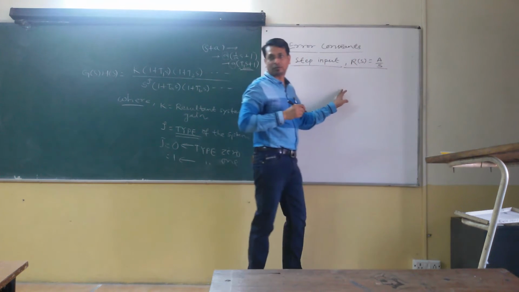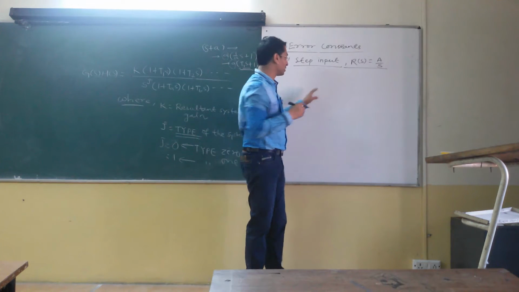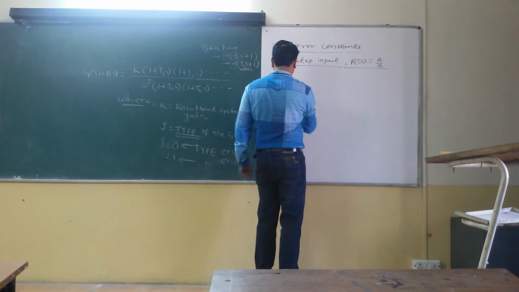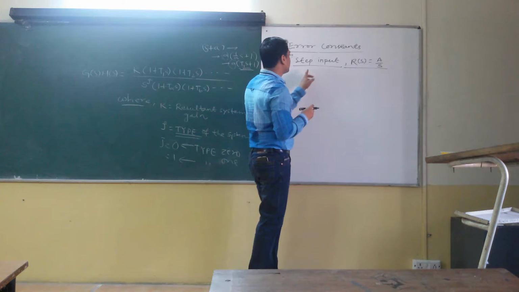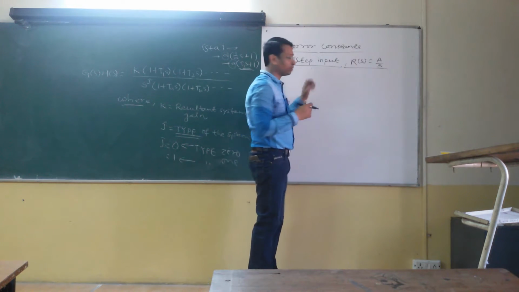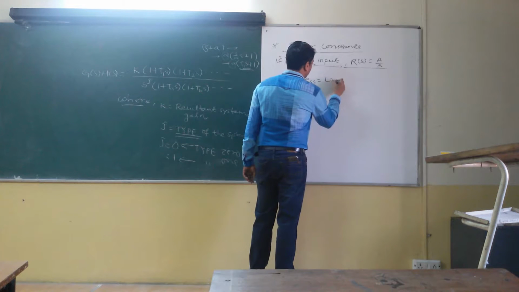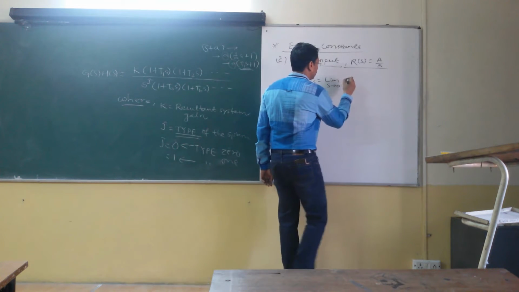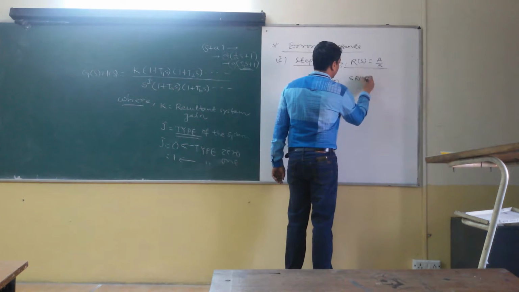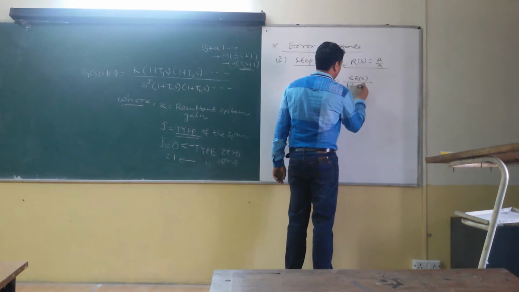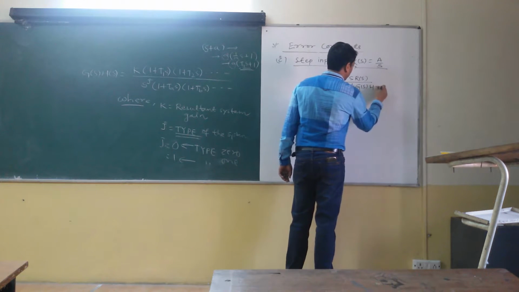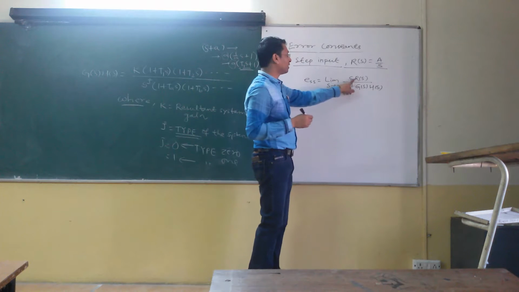Correct? So you are interested in finding the steady state error for this particular input. You know that ess is equal to limit s tends to 0, s multiplied by R(s) upon 1 plus G(s)H(s). Put this value of R(s).